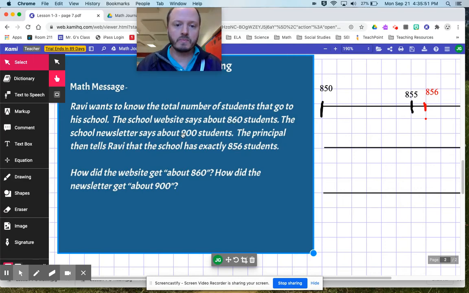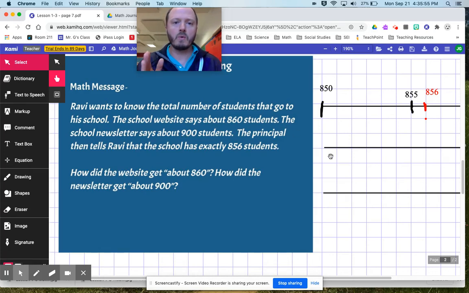And so we are going to think about which two numbers that we're counting by hundreds would 856 fall in between? Would it be just below or just above? Okay, so which two numbers, if we're counting by hundreds, is 856 going to be in between?